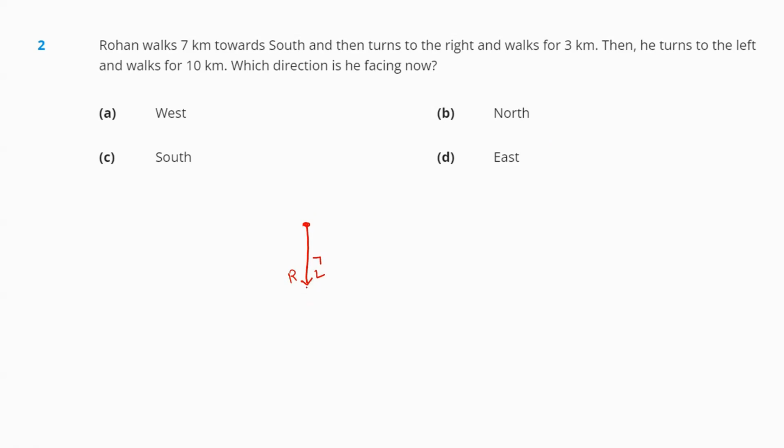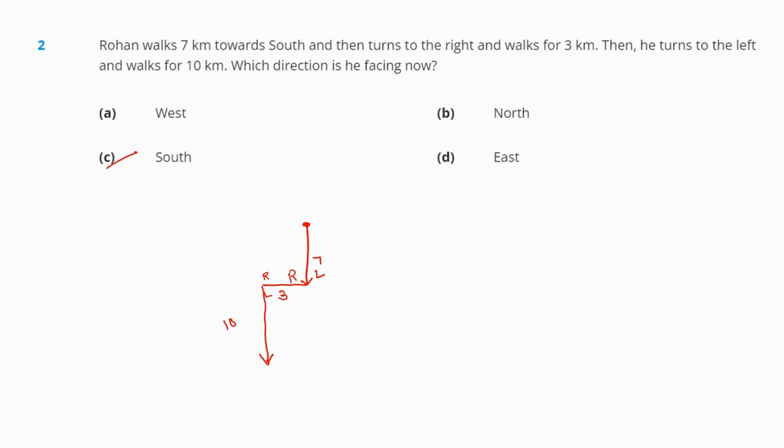Then he turns right and walks for 3 kilometers. Then he turns left. So moving here, this will be right, this will be left. He turns left and walks for 10 kilometers. Which direction is he facing? So he is facing this direction. This is again south. So our answer C is the correct answer.